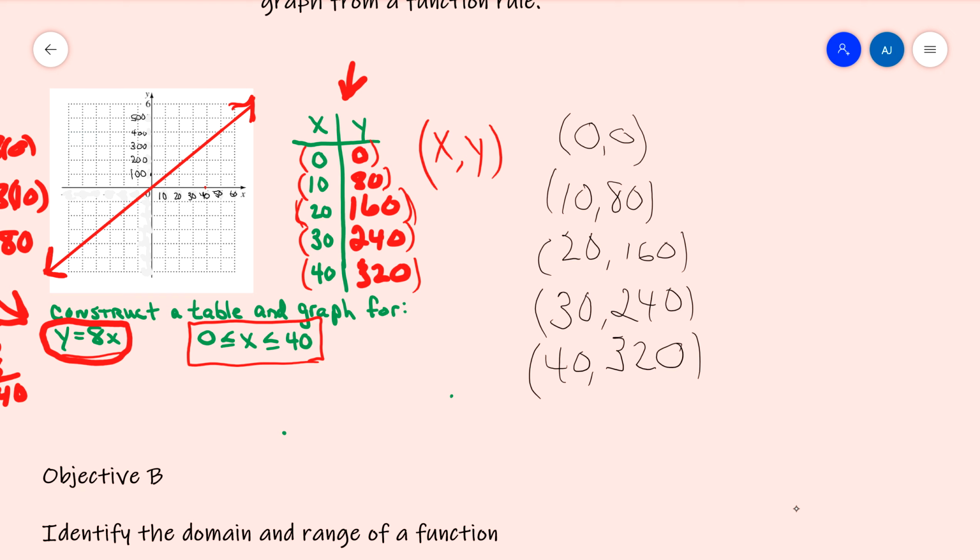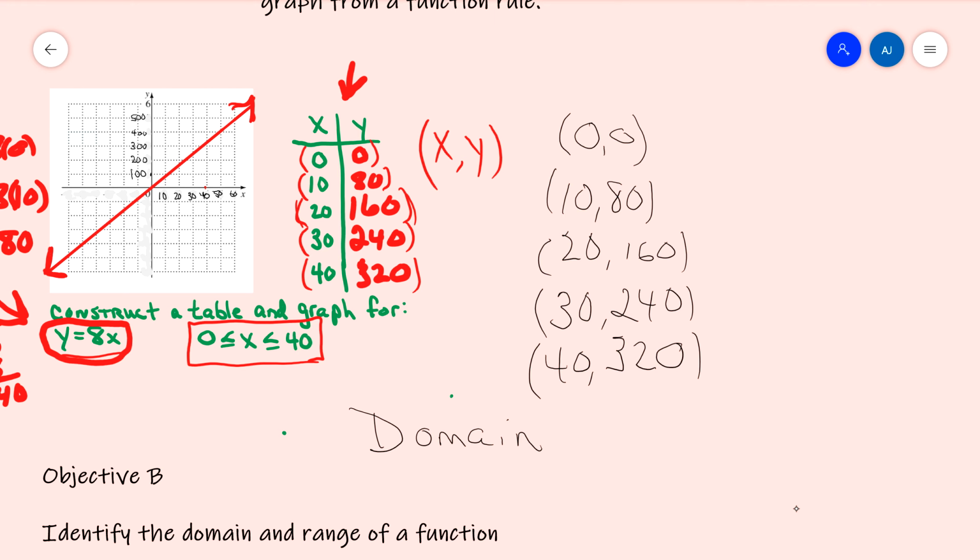Okay, so given this idea for the domain and the range, I can just look at my values here. The domain, which are all the x values, I'll write in set builder notation, I guess that's what I'm looking for.